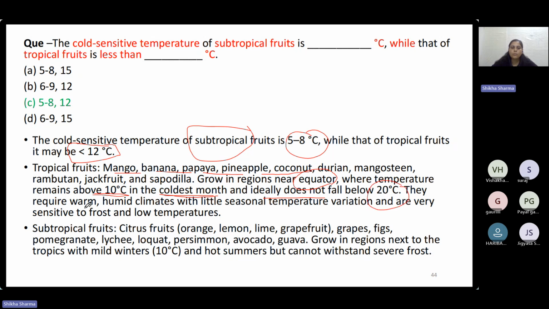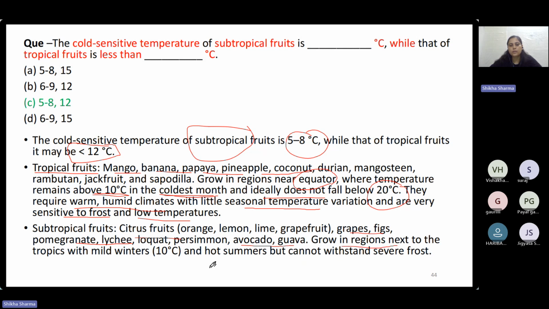So they need warm, humid climates, and they don't need much frost or low temperature. These are the tropical ones. Citrus fruits, grapes, figs, pomegranates, lychee, guava, all these are subtropical fruits.